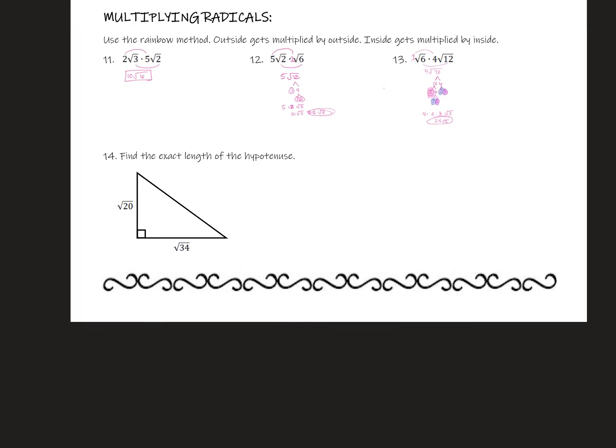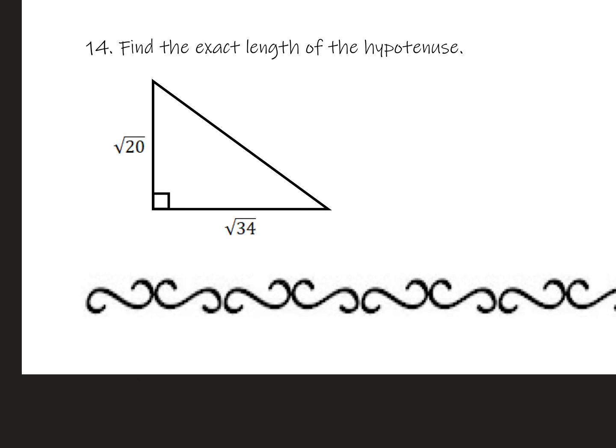All right. Now it wants us to find the exact length of the hypotenuse, knowing that this is a right triangle, all right? So since it's a right triangle, we can use our Pythagorean theorem, which is c squared equals a squared plus b squared, where that's my x, aka my c, because it's opposite of the 90-degree angle.